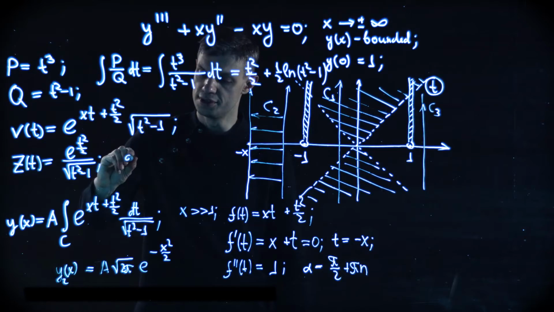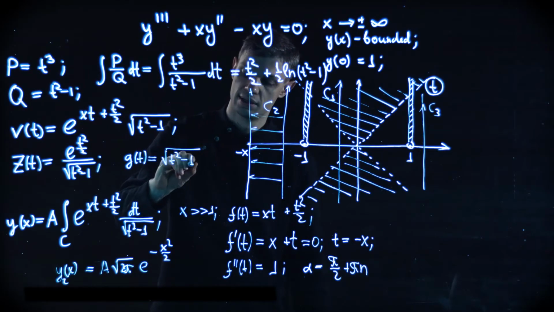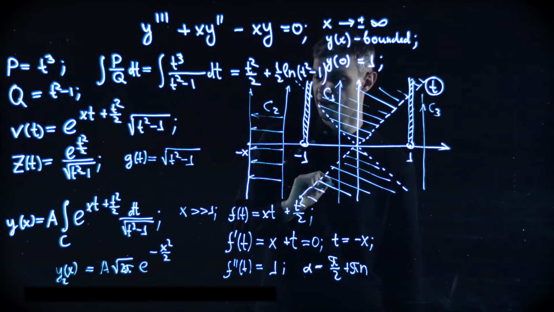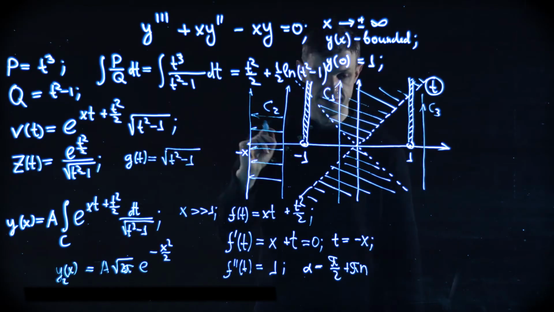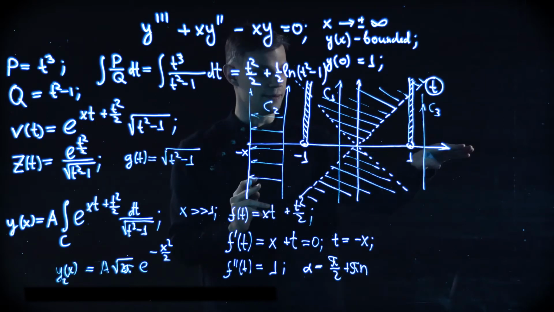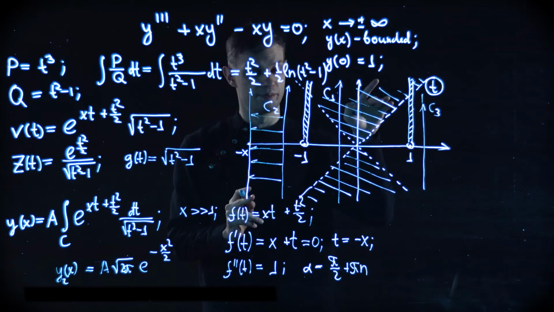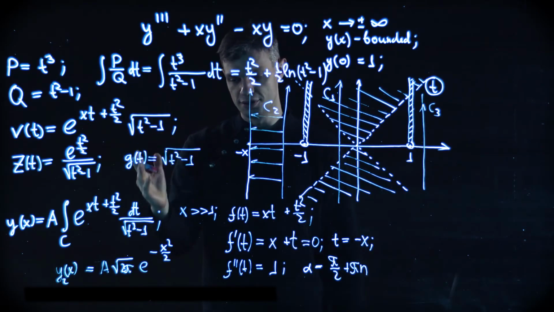By the way, let's actually use special notation for this function. Right, so to define its value at the negative x point, we need to fix the regular branch for this function. So we fix it by the condition that if t is large and positive, the value of this function is also positive.